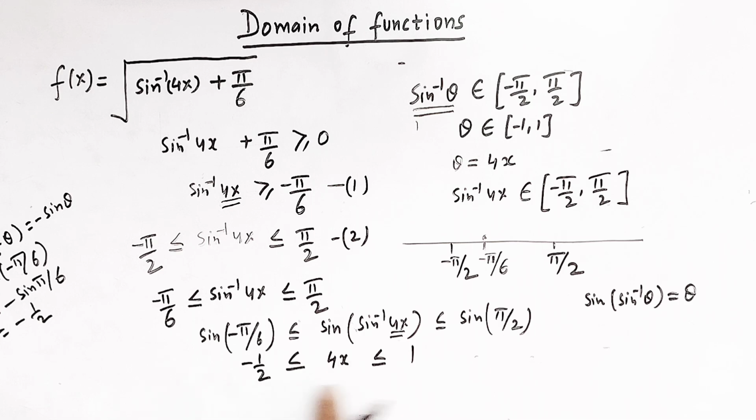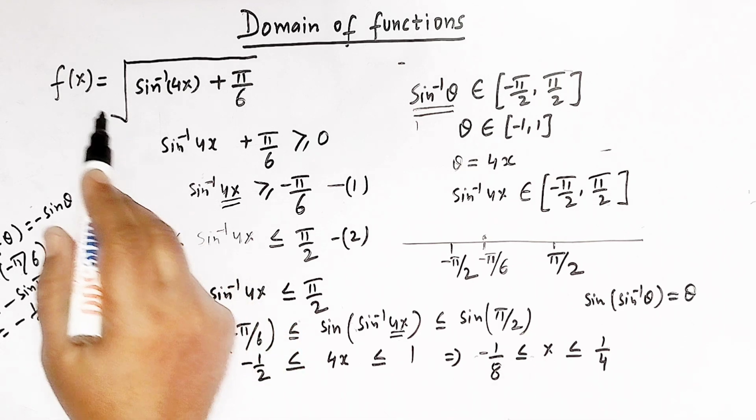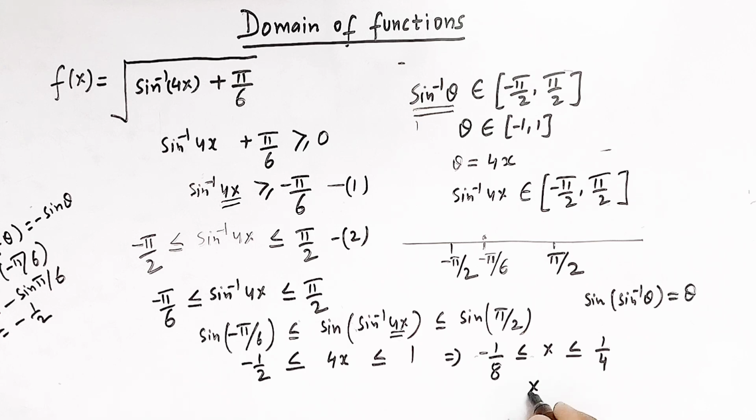Now dividing throughout by 4, we can write minus 1 over 8, because 4 times 2 is 8, and on the other side 4 and 4 get cancelled, so we have 1 over 4. So the values of x for which this function is defined are given by the interval from minus 1 over 8 to 1 over 4.